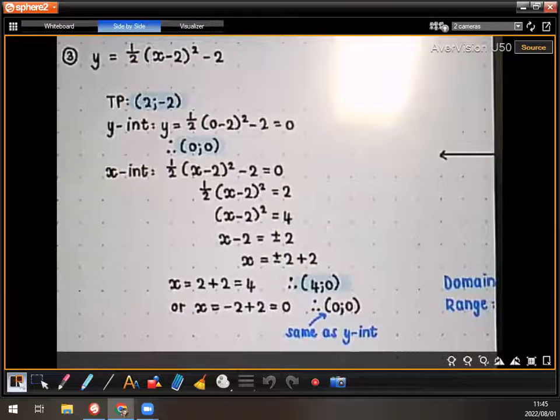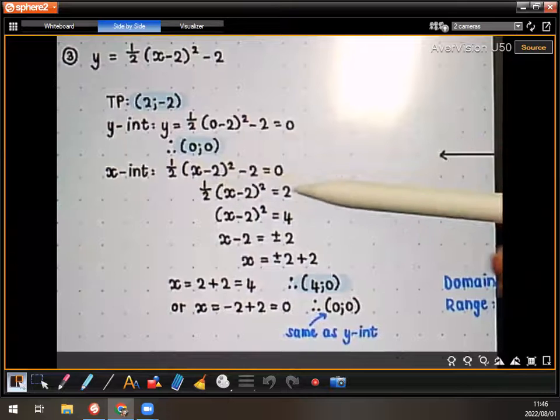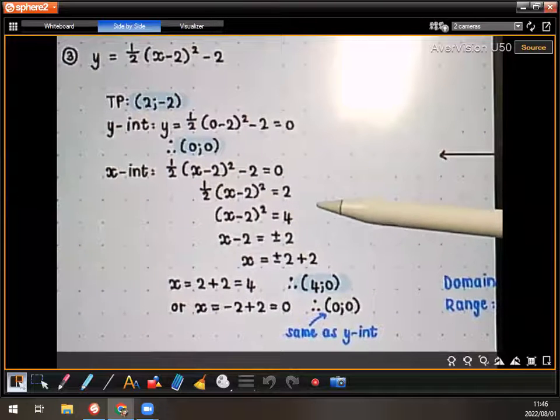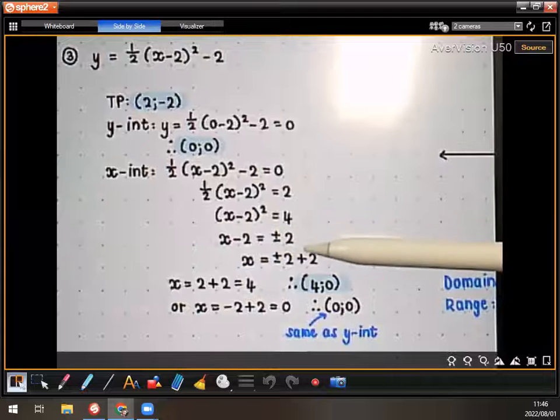To get your x-intercept, you're going to take your whole equation, make y equal to 0, and then solve for x. So step by step, that minus 2 becomes plus 2. Then you're going to say 2 divided by half, which is 4. Then you're going to take across that squared, and you have to do a plus or minus square root. Remember, that's very important.